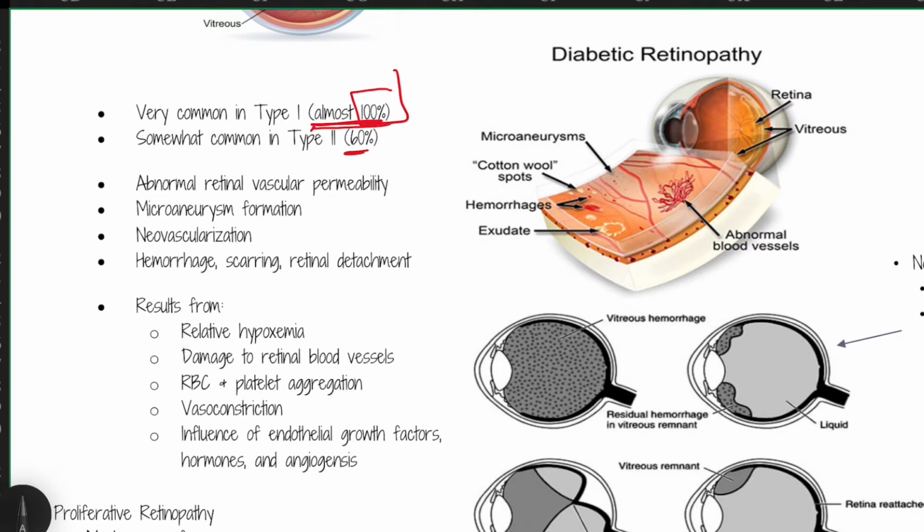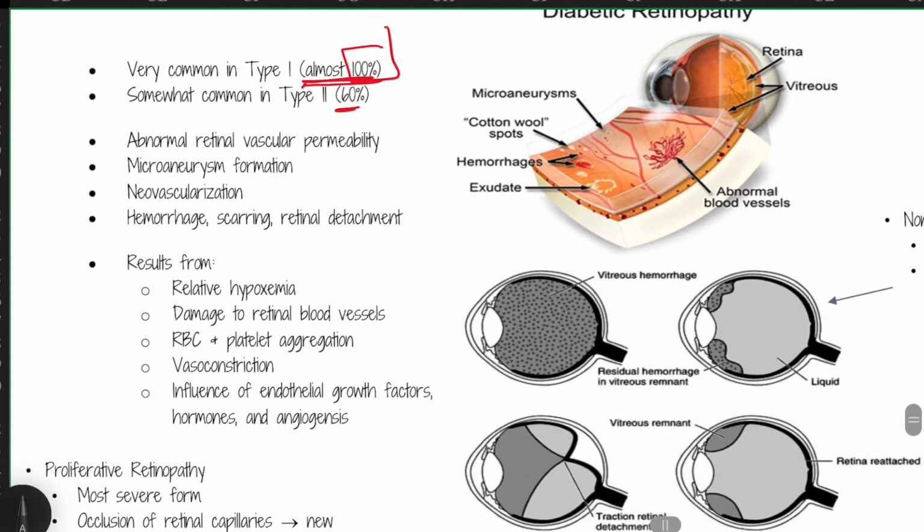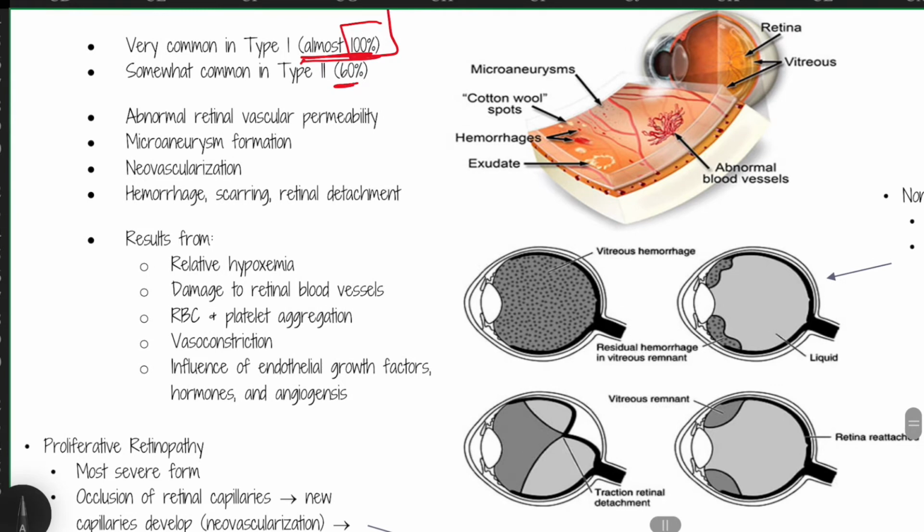There are a few different things that are happening. There's abnormal vascular permeability. You have these little microaneurysms that are forming. There have to be blood vessels bringing blood and nutrients and what have you, and they can form these little aneurysms.